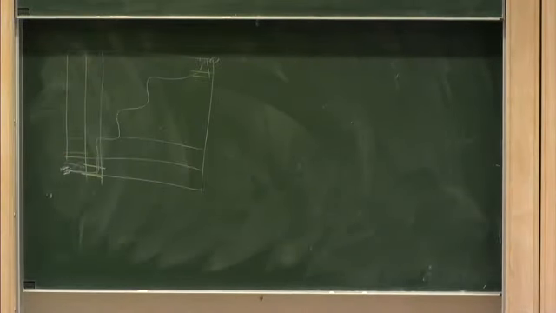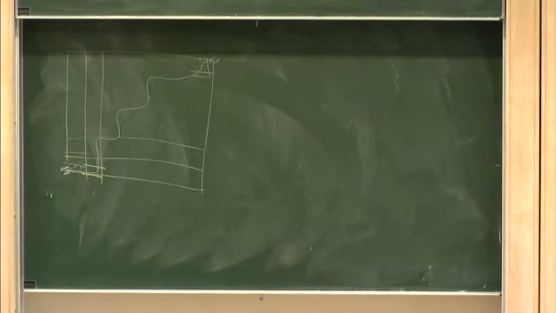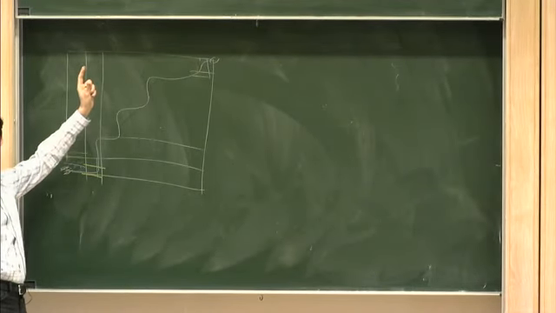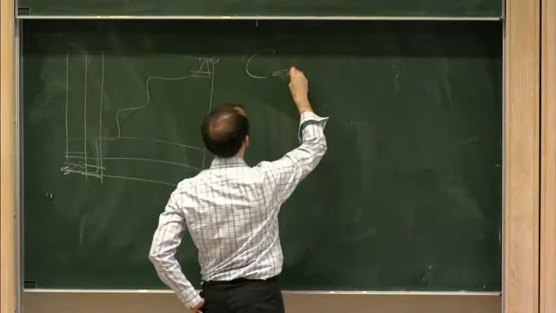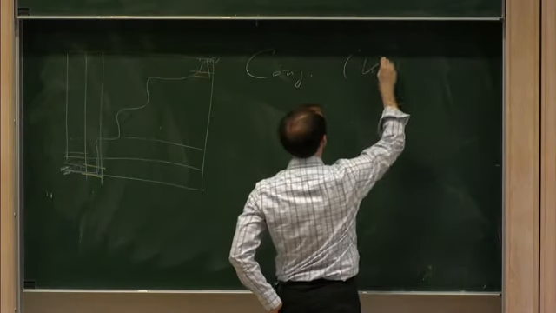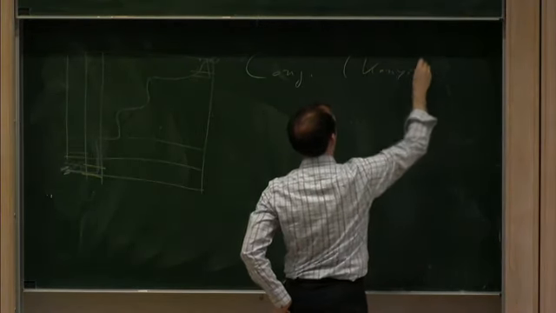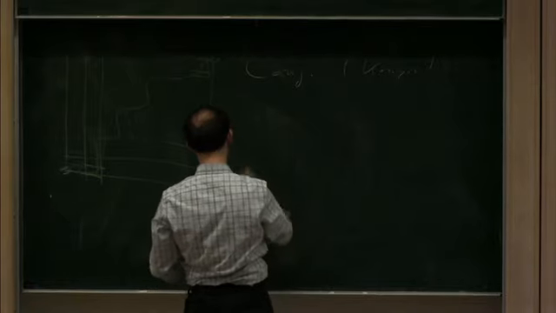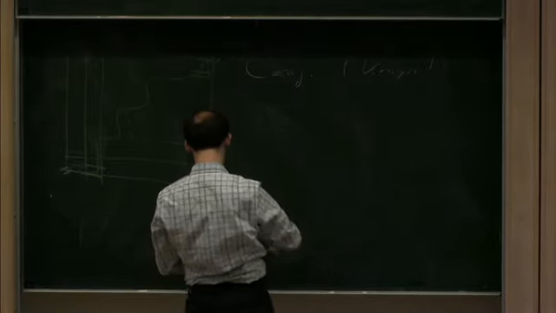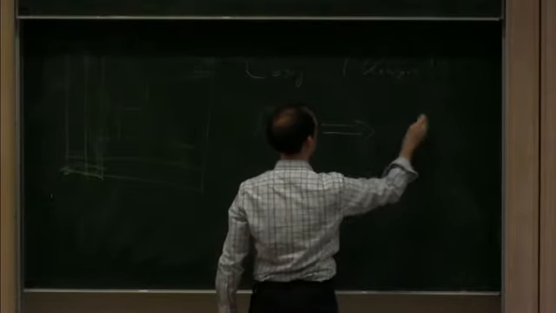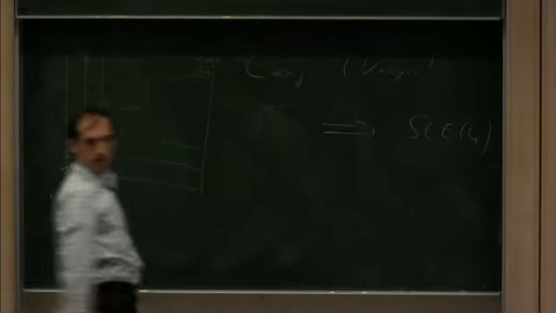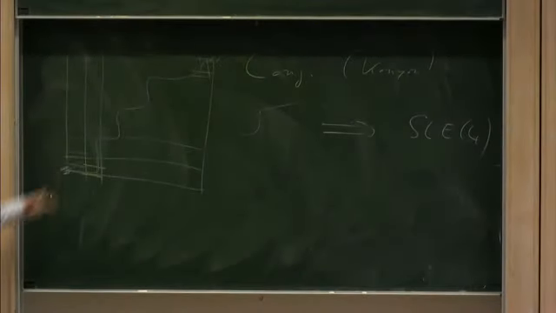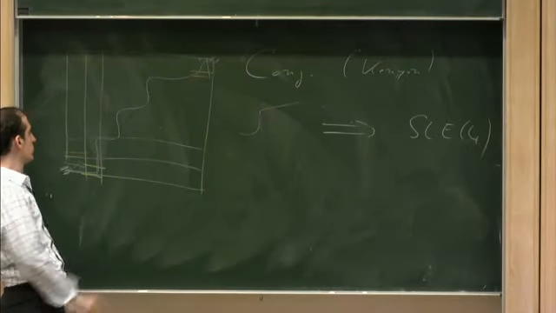Okay, and a conjecture which is due to Rick is that this guy is going to converge to SLE4, in the limit where the square is fixed and you take the mesh to 0.